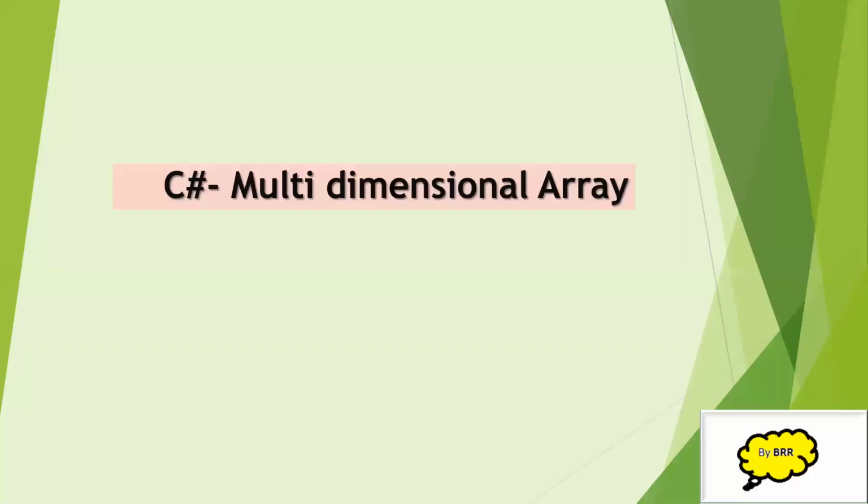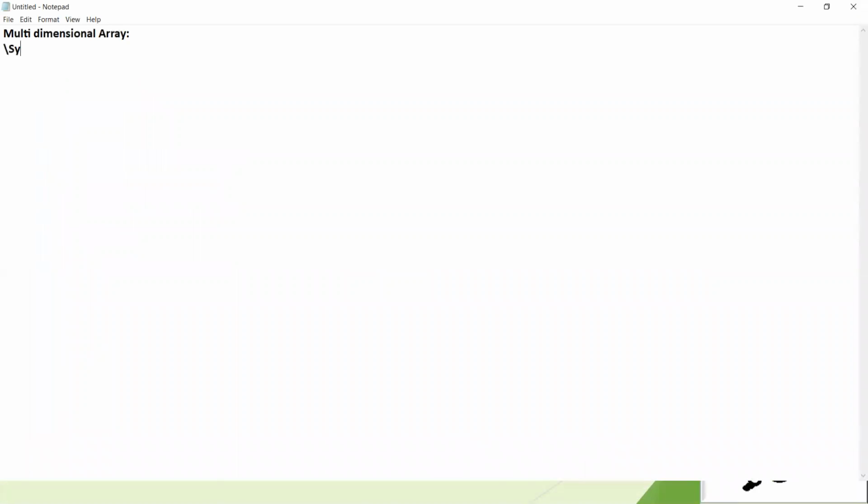If you look at the syntax of a multidimensional array, it is the data type, and here you have to specify the brackets and a comma. Then you specify the array name. So this is the syntax.